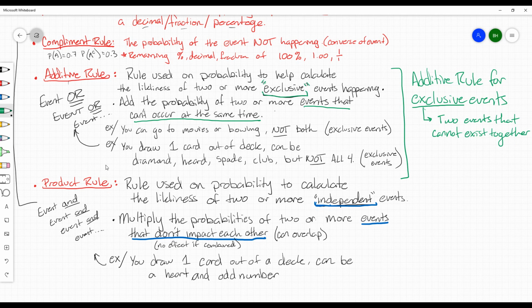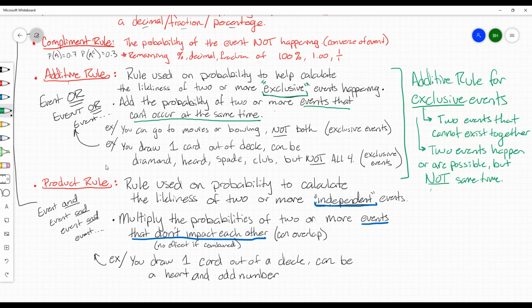So when 2 things occur, but you can't have both, is another way you can think of it. 2 events happen, or are possible, but not at the same time. Okay, so 2 events can happen, but not at the same time.